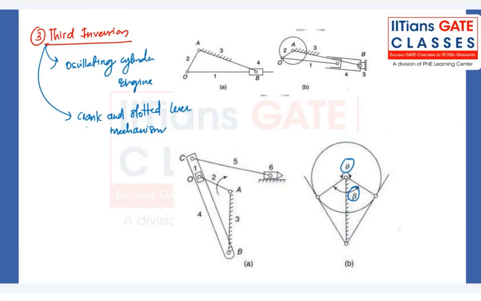In the Whitworth quick return mechanism the crank is longer than the fixed link, while in the slotted lever mechanism link 2 is shorter than the fixed link 3. So here you can clearly see link 2 is shorter than link 3. The crank is shorter, the third link is bigger, and that is what we are fixing here. That is the difference.